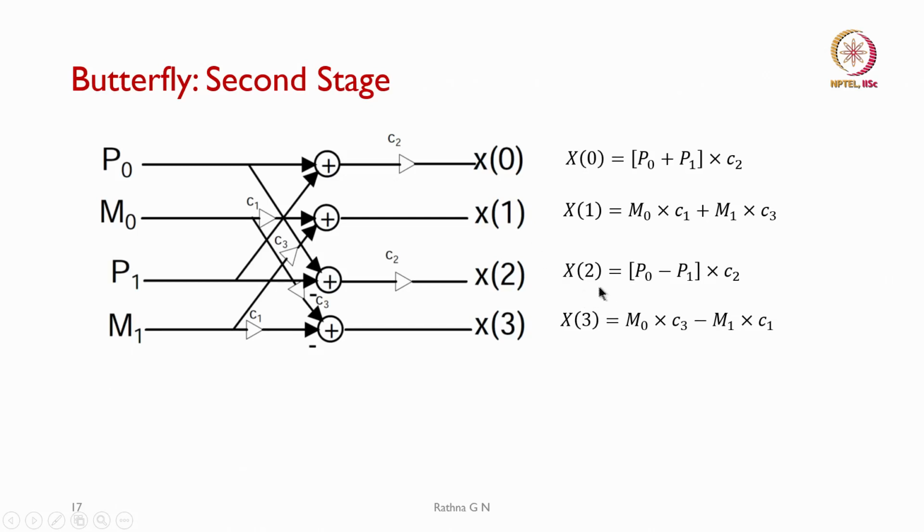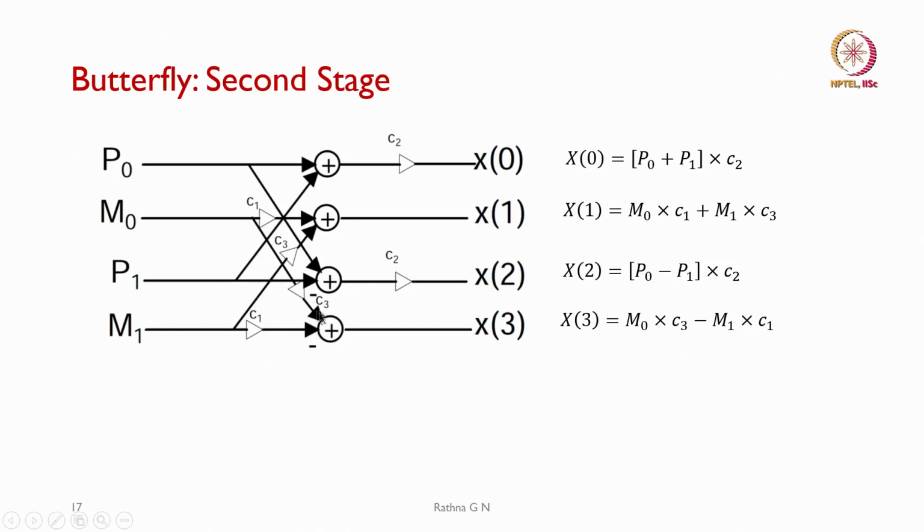Now, x2 is what? P0 minus P1 into C2. You are taking P0 here minus P1 multiplied by C2, which will give the output as x2, and x3 we know is M0 into C3 minus M1 into C1. So, M0 is multiplied by C3 here, and then M1 is multiplied by C1.